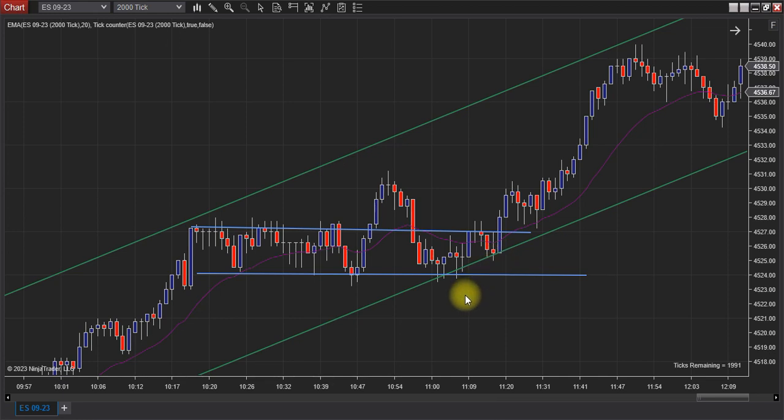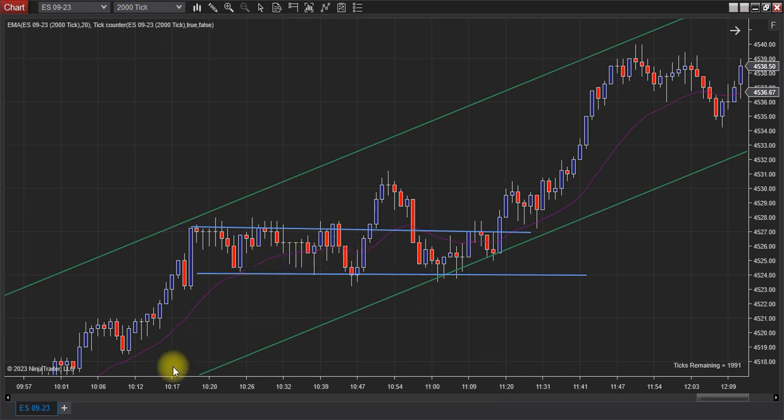I mean, we don't want to pull the slot machine and watch what happens. We want to have some kind of an advantage, and we want to have several layers of protection to our stop loss. And if we keep our stop loss outside of the channel, we'll have the channel lines, we'll have the range lines, and depending on the situation, we might have the 20 EMA as well.